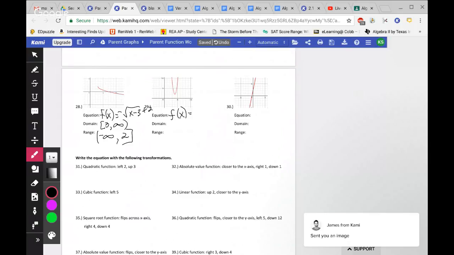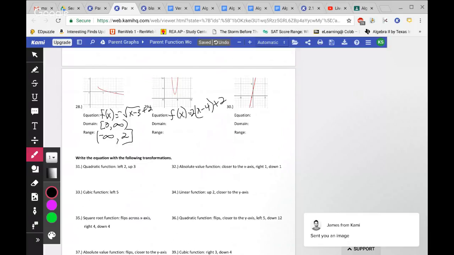Okay, so I think it's f of x equals 2 times (x minus 4) squared plus 2. Maybe it's skinnier. I can't really tell, but the x minus 4 plus 2 is perfect. I do know that. I think it's skinnier. Okay.